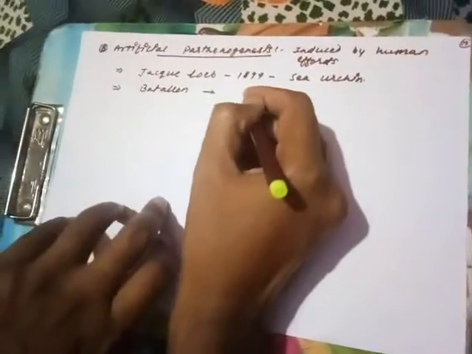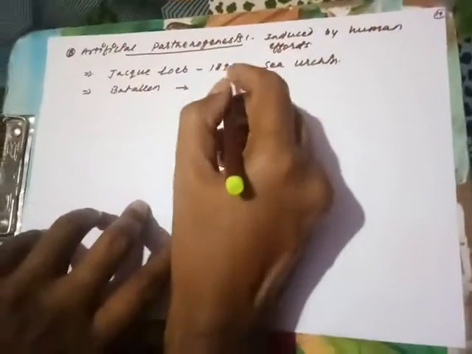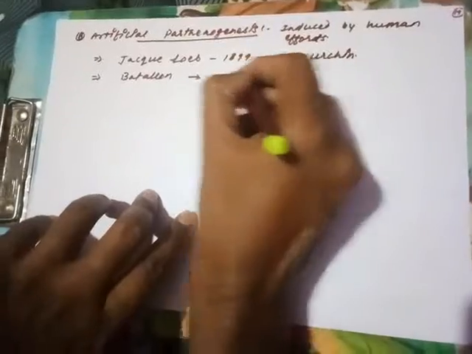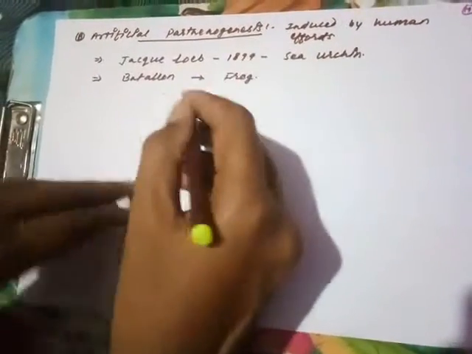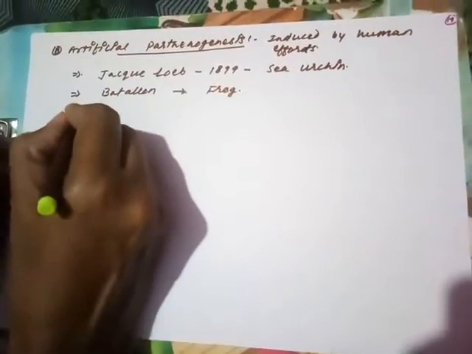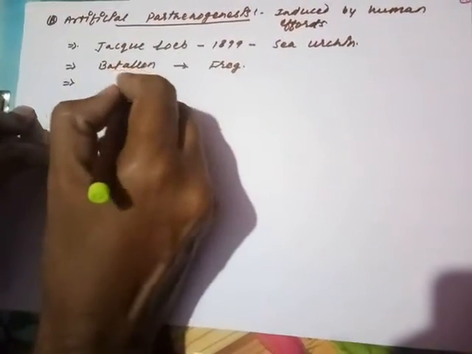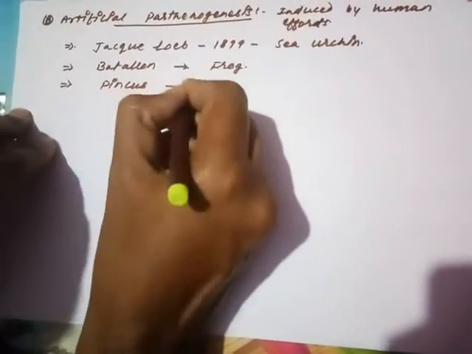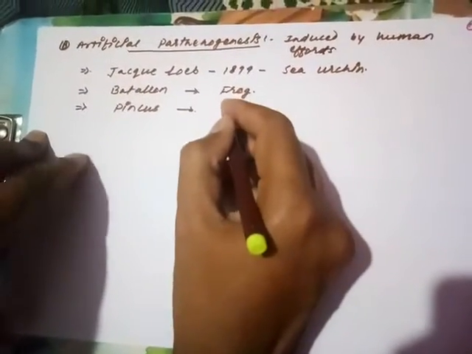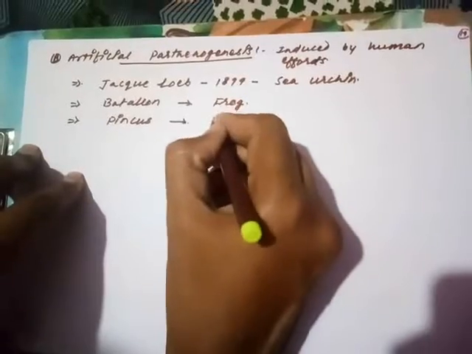He performed artificial parthenogenesis in frog. In the series, Pincus was the third, who performed parthenogenesis in rabbit.